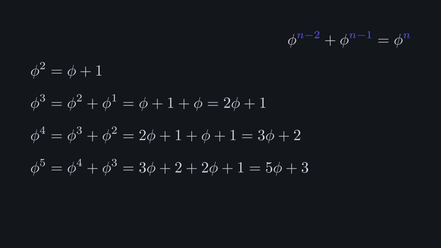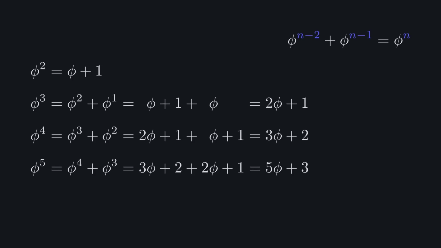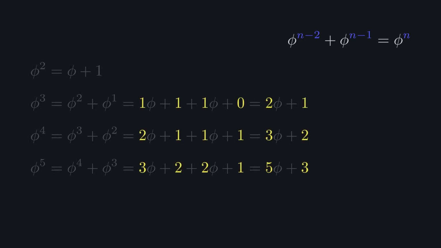And now let's line them up and fill in implicit ones and zeros, like so. Now we bring out these factors. Alright, what does this look like to you? Horizontally it's kind of a mess, but vertically the numbers add up downward.